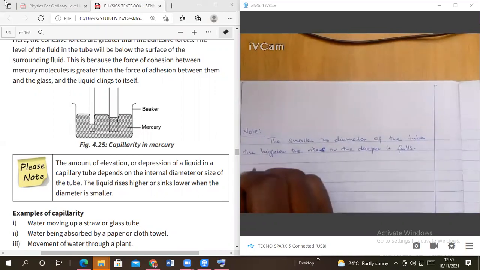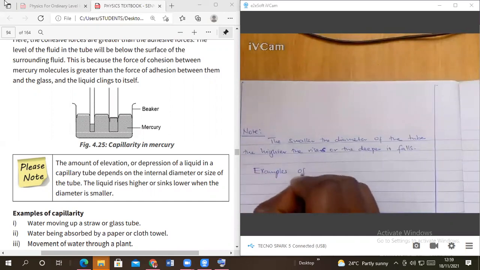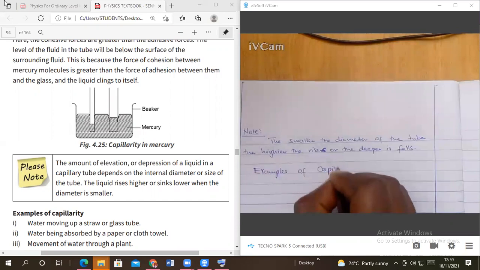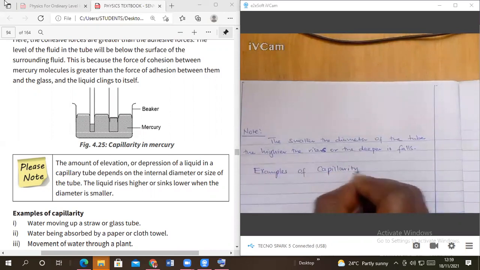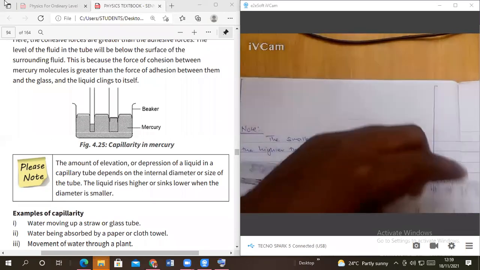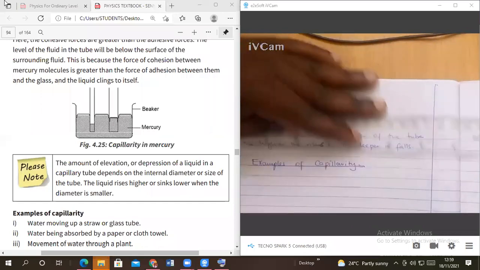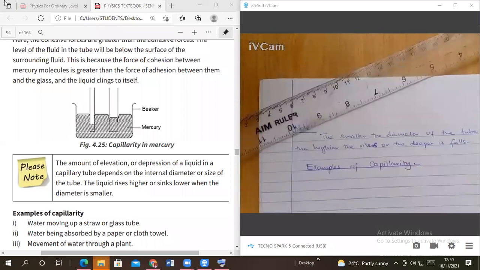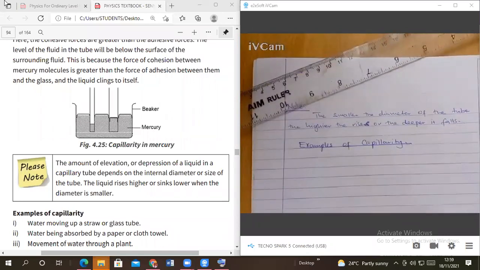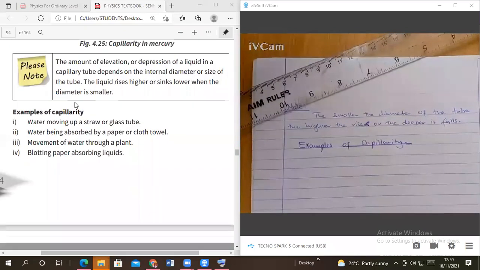Okay. Examples of capillarity. They're asking, where does capillarity take place? I've given you an example. Where do we have capillarity? So these are the examples.